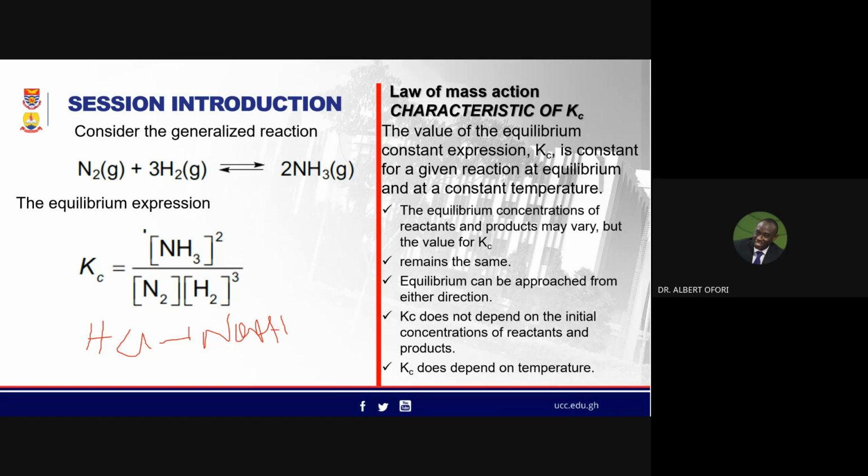The product will be what? Sodium chloride, and then water, right?